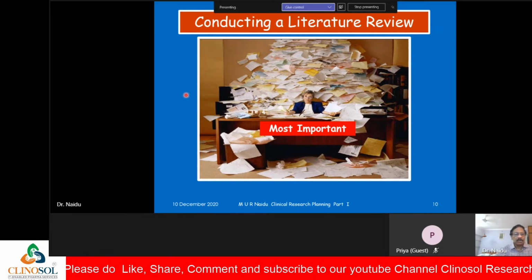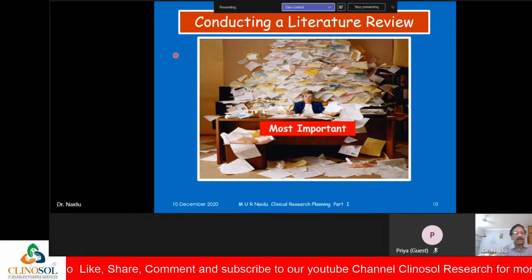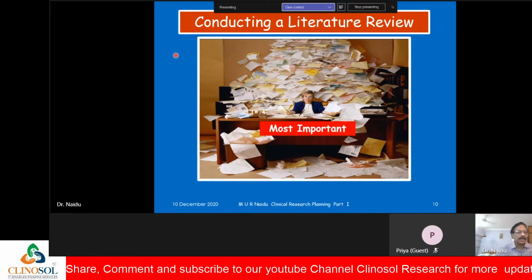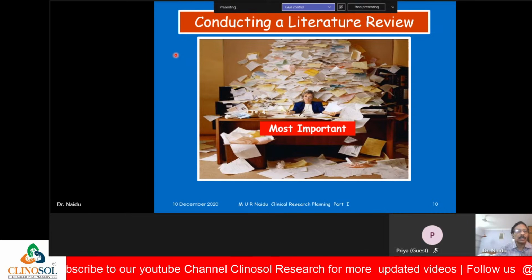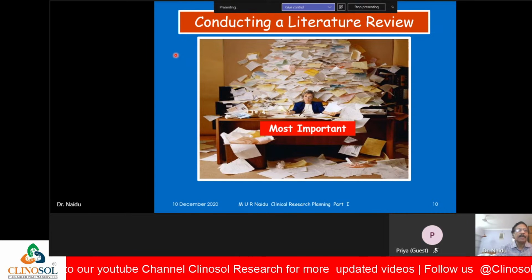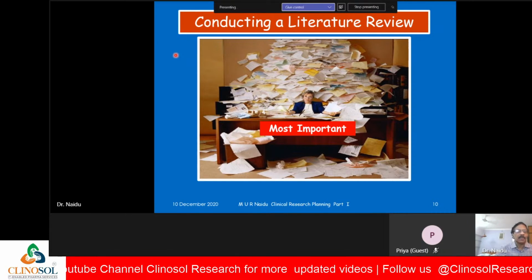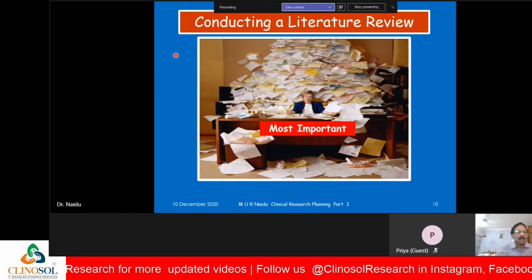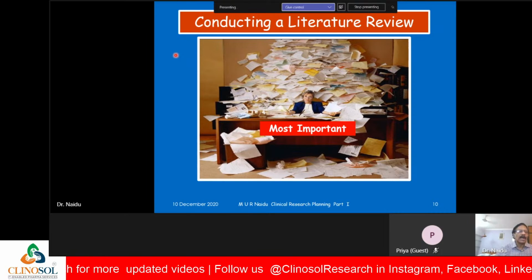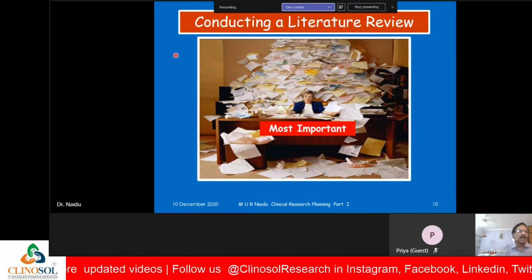I was doing a lot of literature survey and found that many papers mention a role of vitamin D as an immunomodulator, and that high dose vitamin D can be used in corona, because they found that many of the patients who developed severe corona infection and died all had very low vitamin D levels.